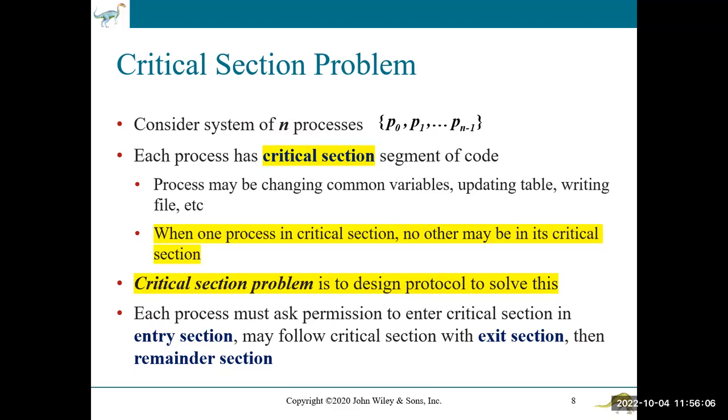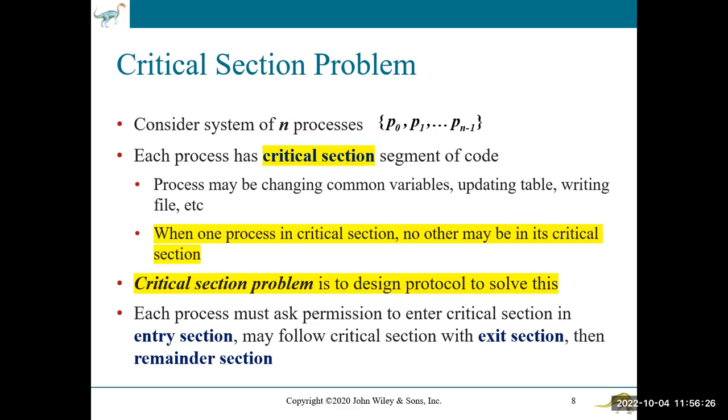You have other processes that get in the mix, and what happens is that more than one process starts to interact with the same segment of code, and that creates instabilities.